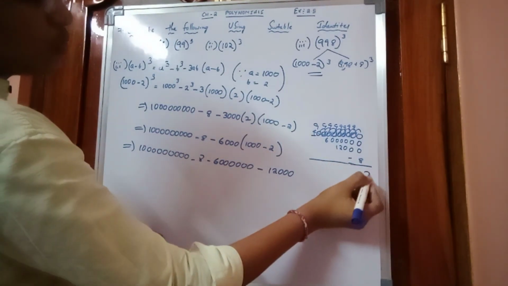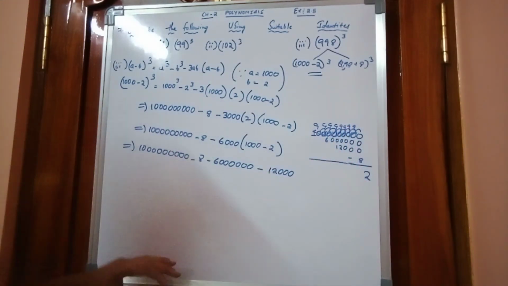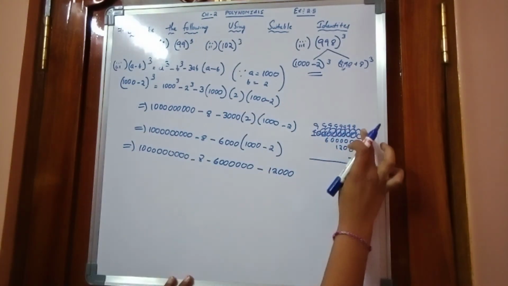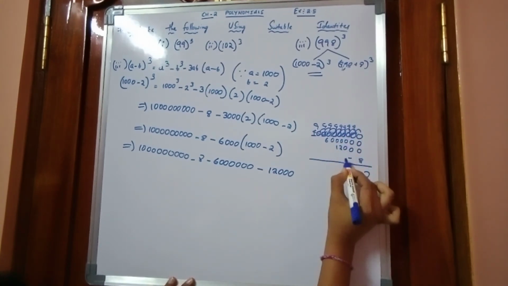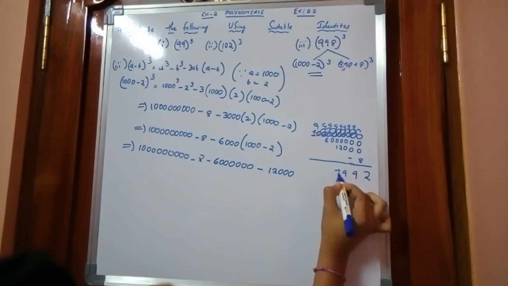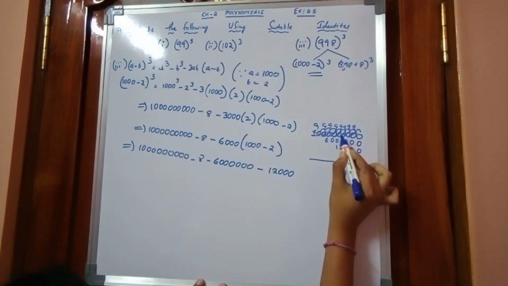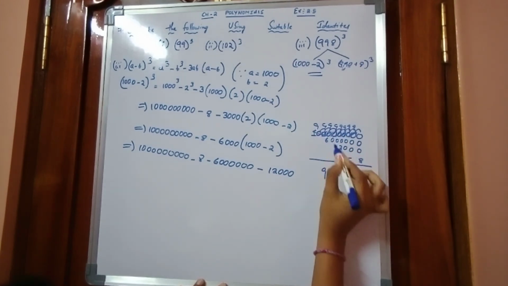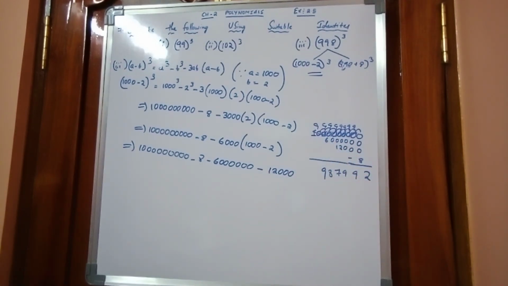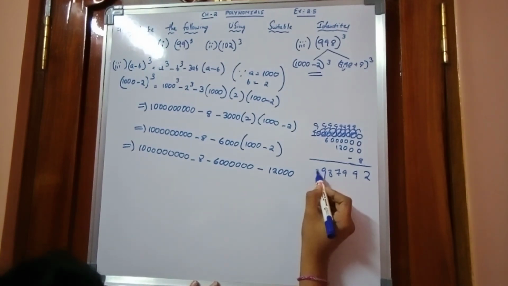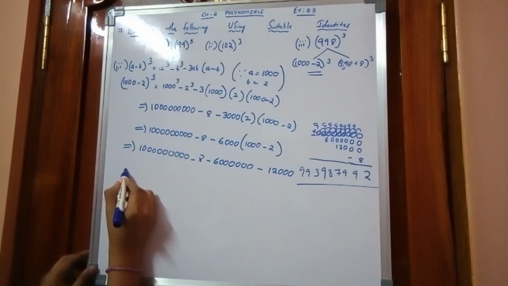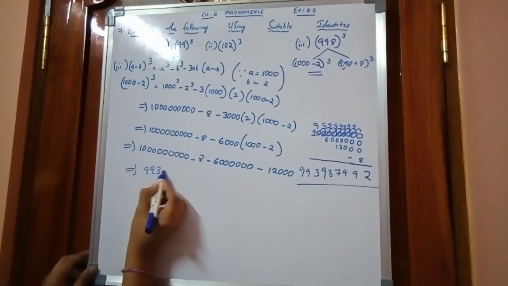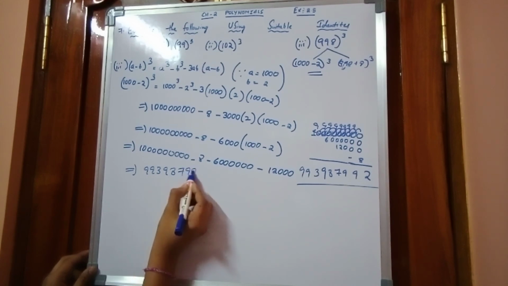So we'll get here 2, and here we'll get 9. 9 minus 2 is 7. 9 minus 2 is 7. 9 minus 1 is 8. 9 as it is. 9 minus 6 will get here 3. 9 as it is and 9 as it is. So the answer is 993987992.